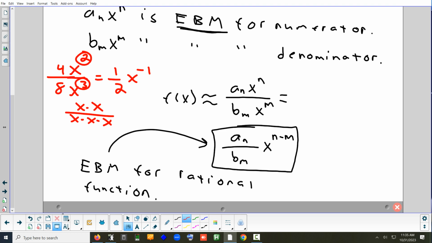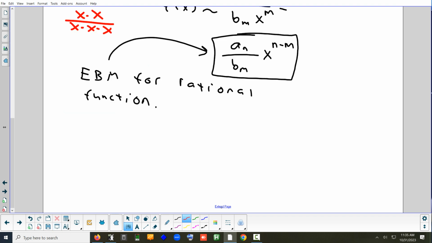What do you mean exactly, like put it in the bottom? So if you had something like 3x to the negative 2, we generally don't want to leave an answer with a negative exponent. So you have to take x to the negative 2 and put it in the bottom. But when you put it in the bottom, it becomes a positive exponent.